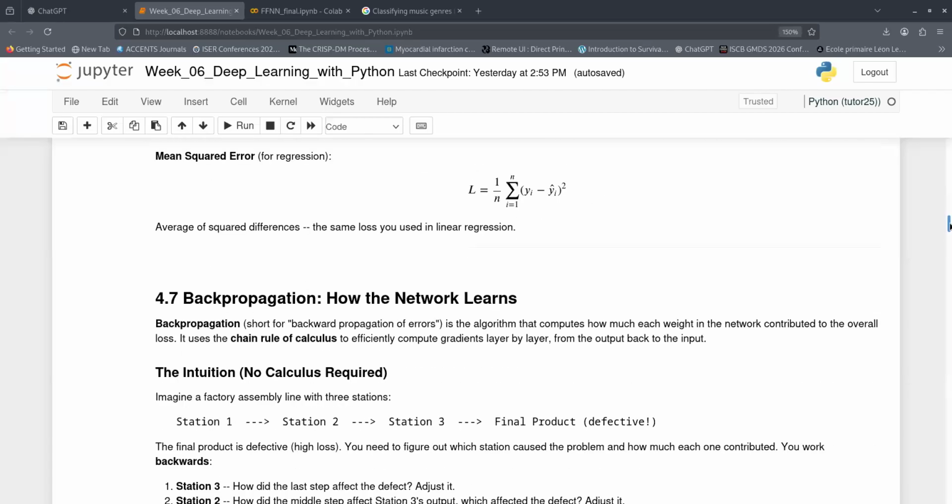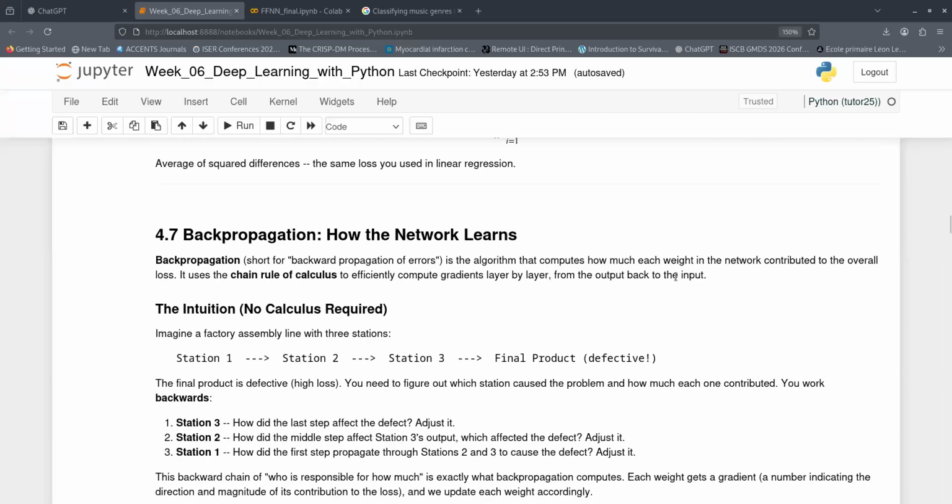Now the back propagation, a very, very important notion after the loss. Back propagation is short for backward propagation of errors. It's an algorithm that computes how much each weight in the network contributes to the overall loss. So we want to know how each weight is contributing.